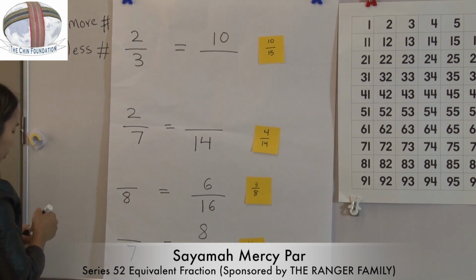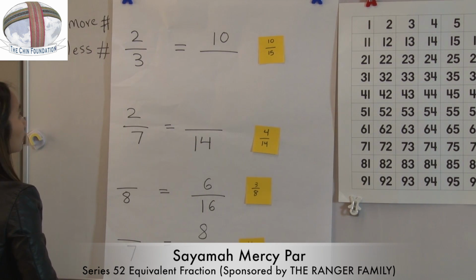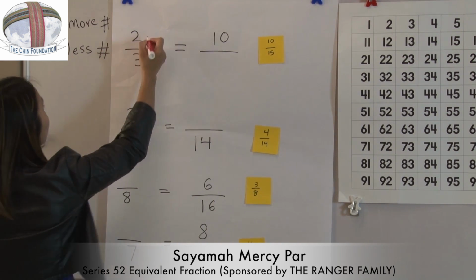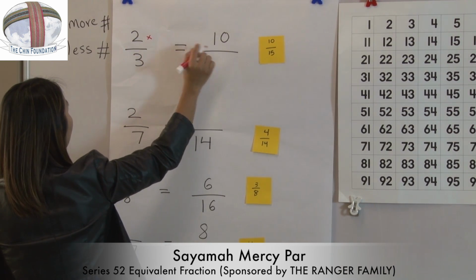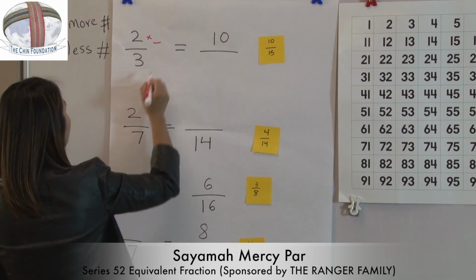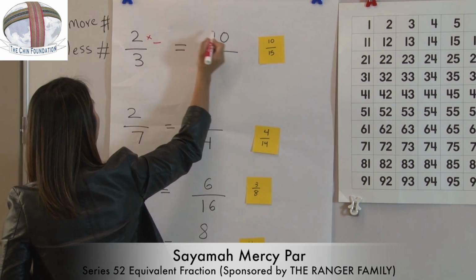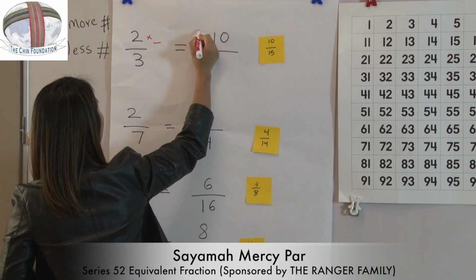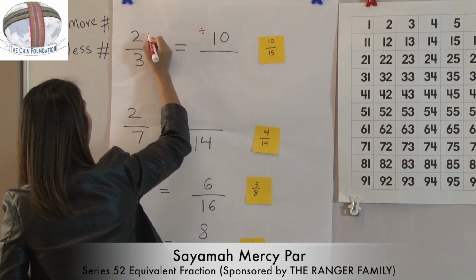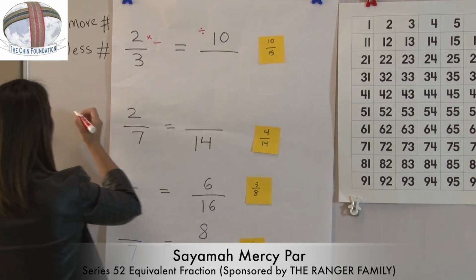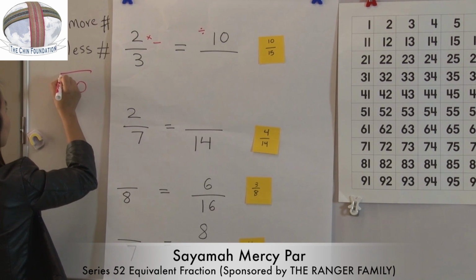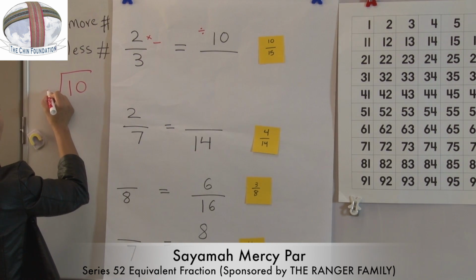So we don't know 2 times how many. Okay? We don't know here. So we need to do the opposite way. We don't know this number, so we need to figure it out. So in order to figure it out, we have to divide here. We do opposite, okay? So 10 divided by 2.